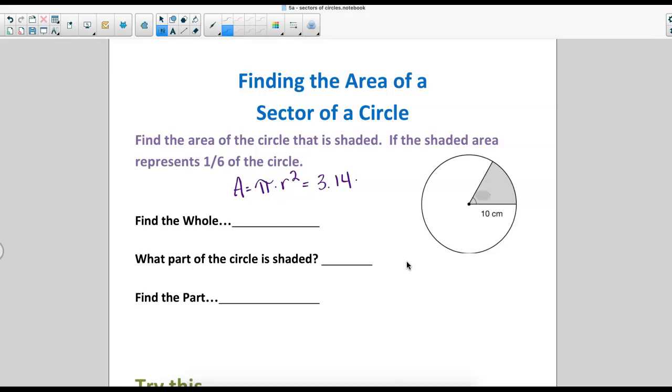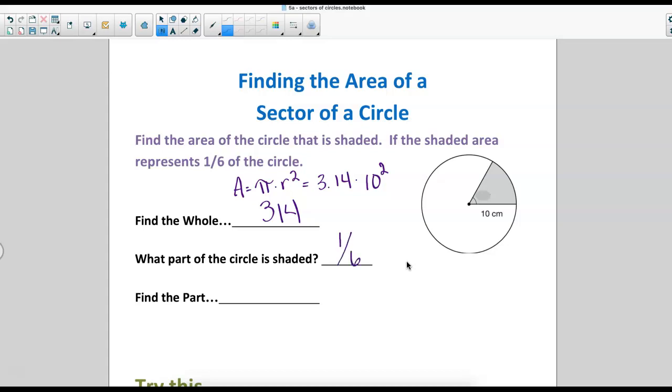Mason? 10 squared. So 3.14 times 100 is 314. Okay, now you have to remember, that's the entire circle. We don't want the whole circle. We only want this little section of it, which is 1/6 of the circle. The part that is shaded is 1/6.